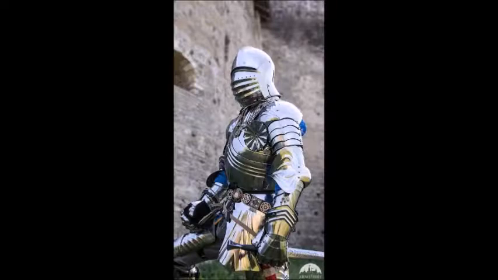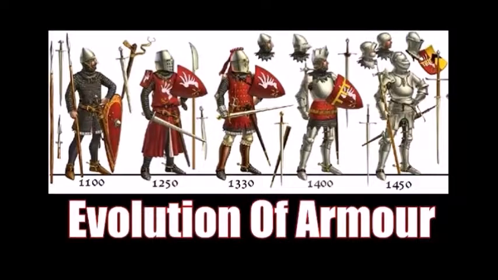It's taken to its final form, just in time to be made pointless by pikes and guns. So the gist is, there's this steady evolution of armour from the late feudal era through early medieval, high medieval, and then late medieval, and into the early Renaissance.